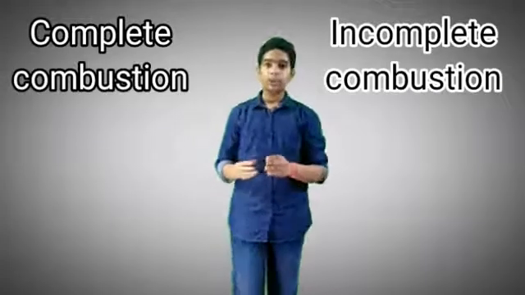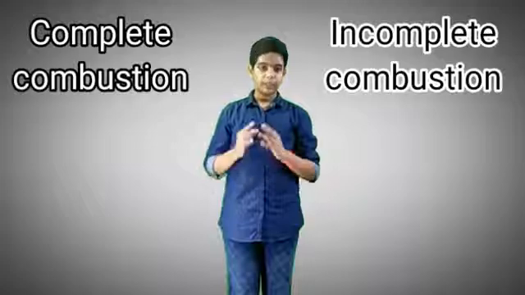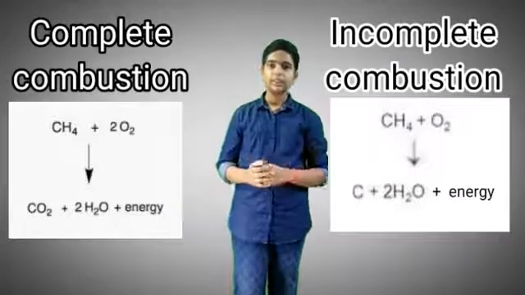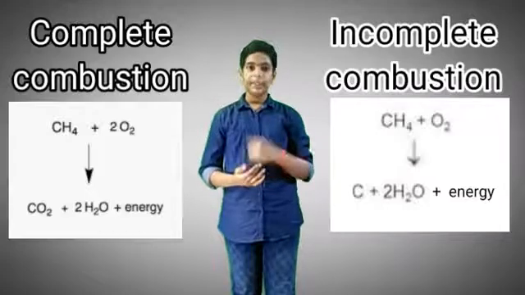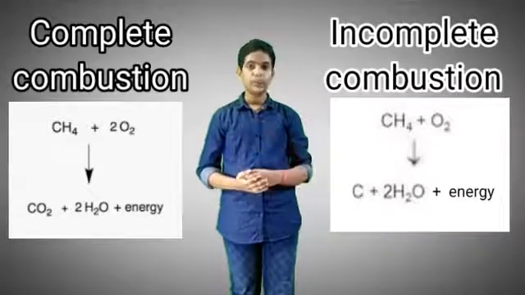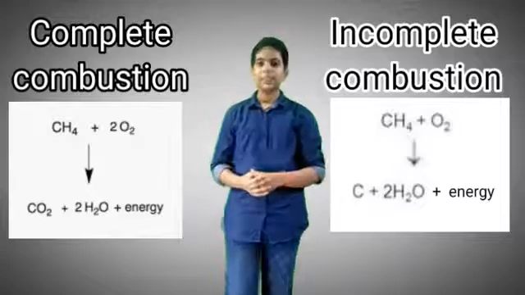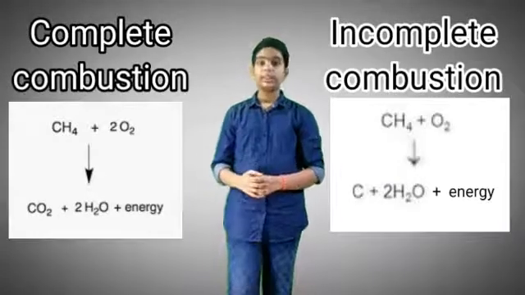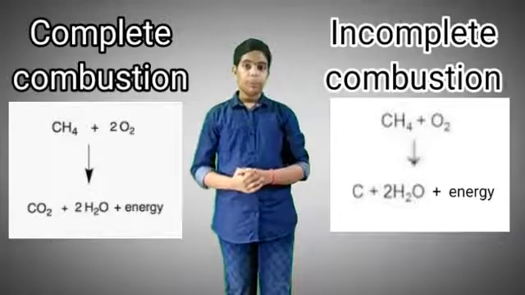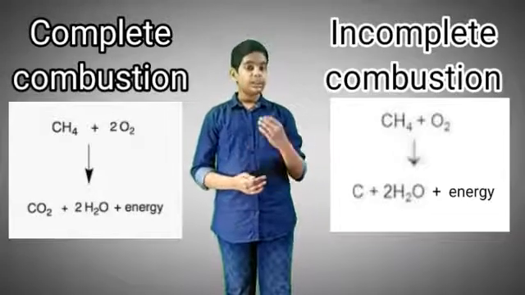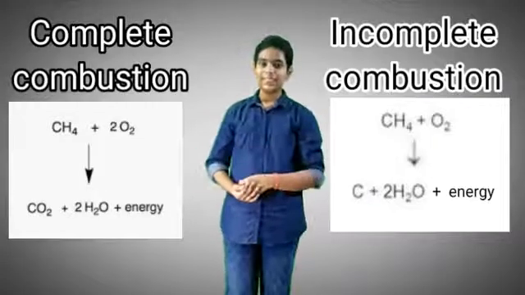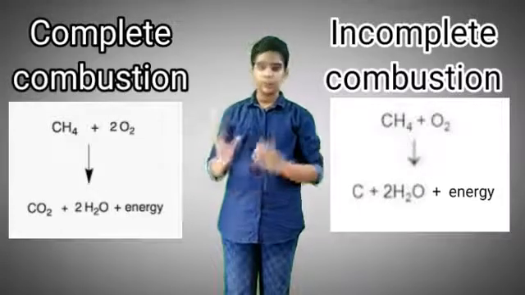Let us write the chemical equation for both reactions. In complete combustion, CH4 plus 2O2 gives rise to CO2 plus H2O plus energy. And in incomplete combustion, CH4 plus O2 gives rise to CO, or carbon monoxide, plus H2O plus energy. So friends, now I hope you understood these two categories of combustion.